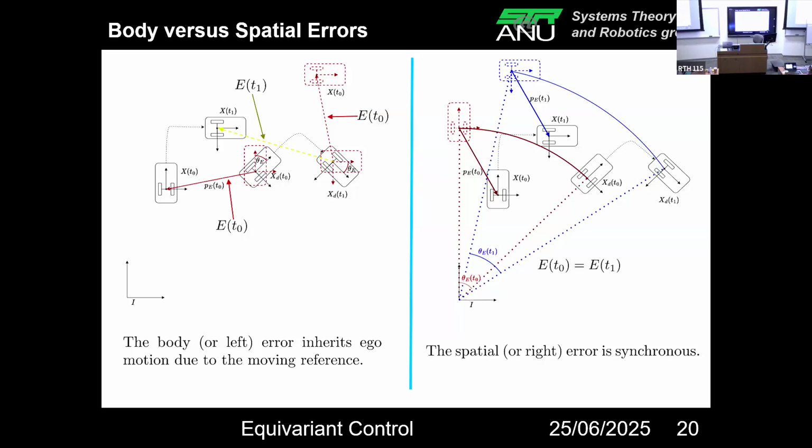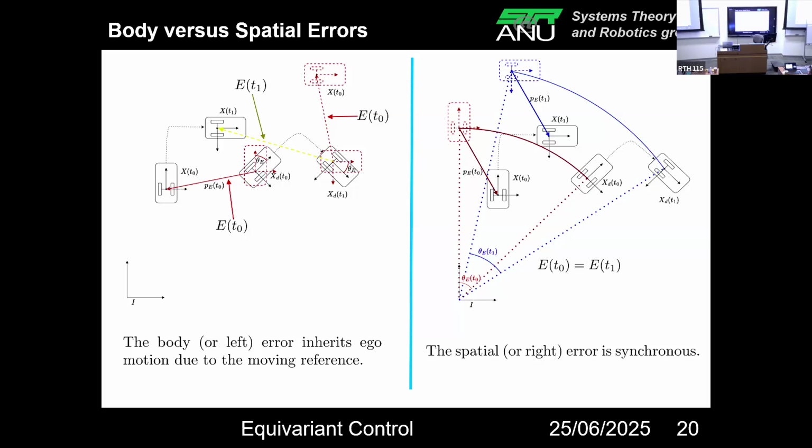It's really useful because mathematically, you write down the error and you go, oh, that's hunky-dory, that's going to work. But conceptually, you're not changing anything. The robot's going exactly the same place. What's happening is that your error is changing its sensitivity.